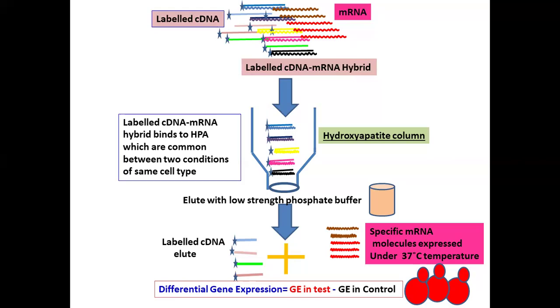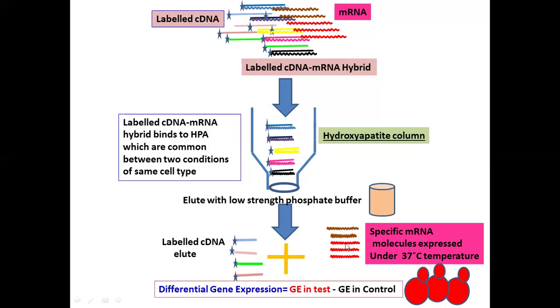You can see whatever is common is double stranded and is in the hydroxyapatite column. Whatever is specific to 28, the labeled cDNA, is also in the single strand form. And the mRNA molecules which are very specific to 37 are also single strand.